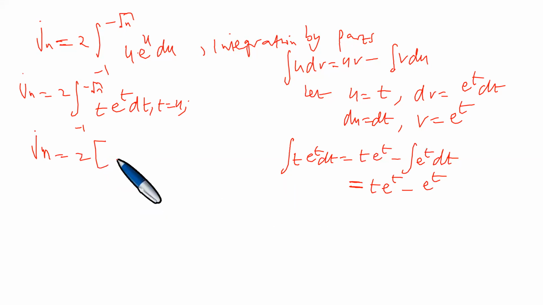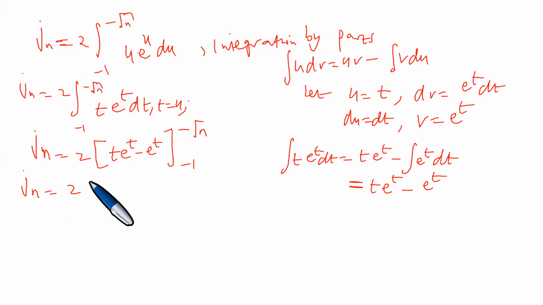So we substitute everything here. We want to see if this is going to be finite or infinite, divergent or convergent. So wherever there is t, we put the top limit, minus we put the bottom limit of integration, which is the lower limit of integration.